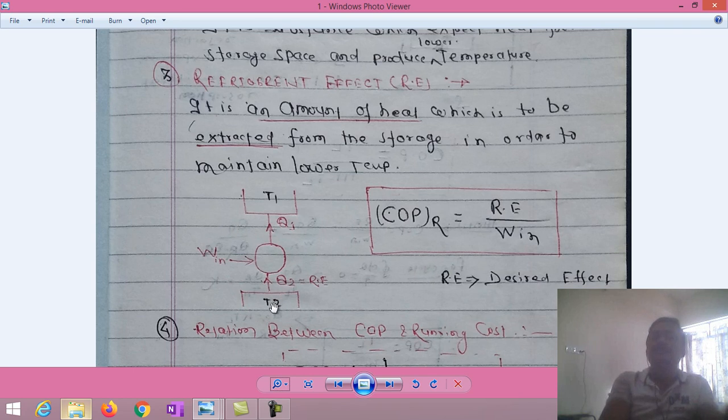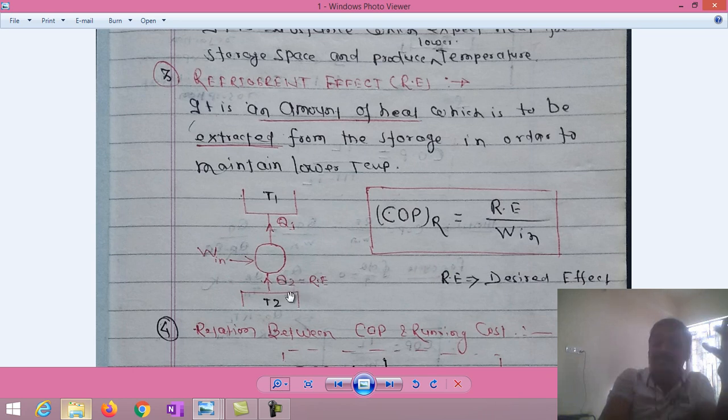Because this is the refrigerator, this work input is required to be done. This Q2 amount of heat is extracted from the lower temperature and this Q1 amount of heat is rejected to higher temperature. So this is the refrigeration effect, means this Q2 amount of heat is required to be extracted from the storage space.